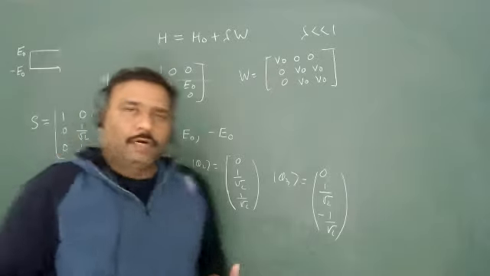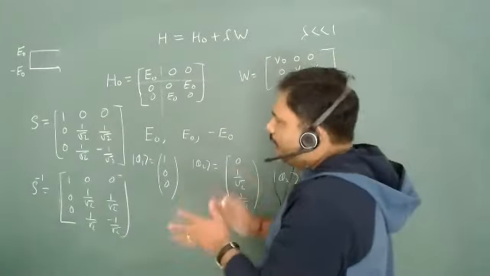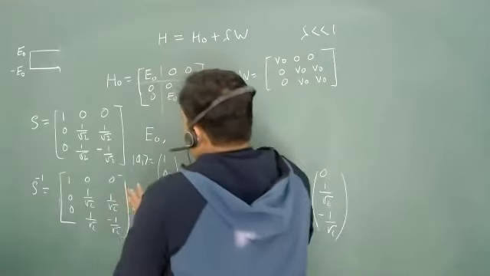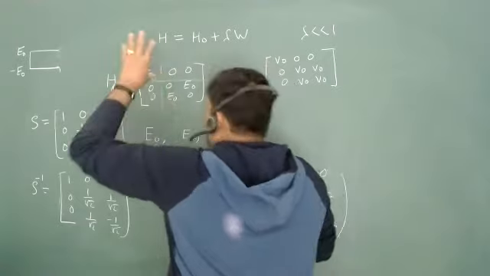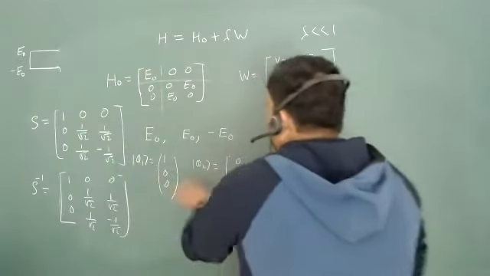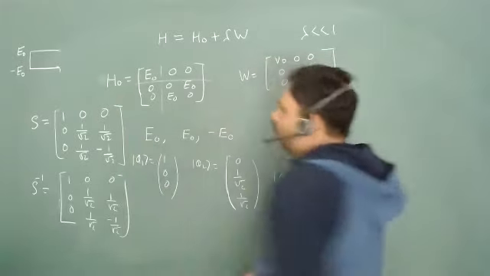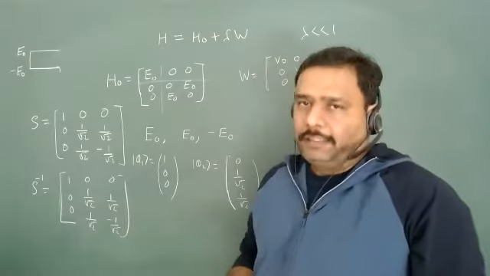What I have to do is diagonalize my matrix, and I can make sure that this matrix will diagonalize this one. Why? Because this matrix is written in a basis of eigenvectors of the original Hamiltonian. So it gives us a guarantee that it will diagonalize H naught.